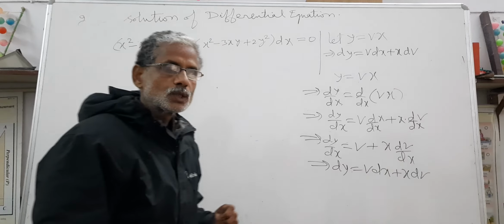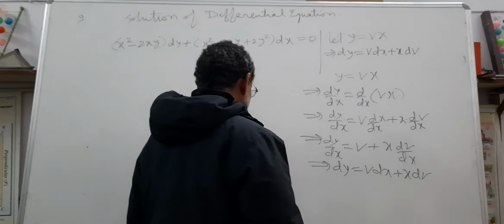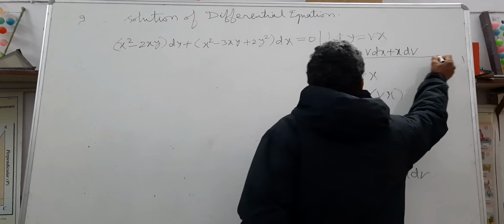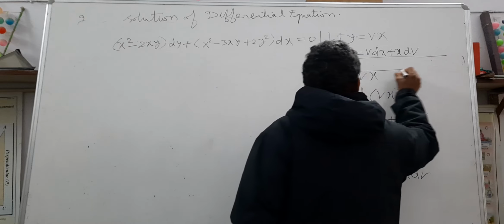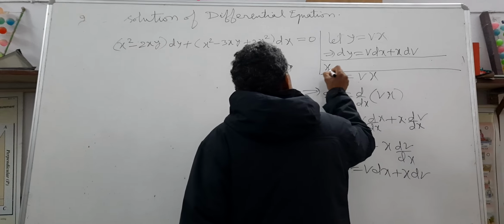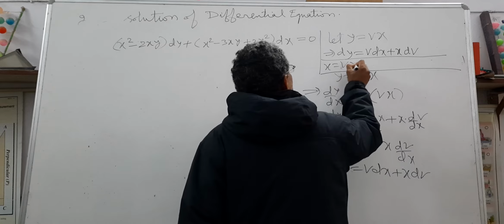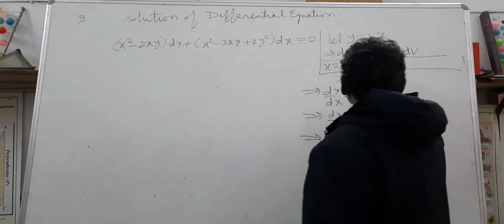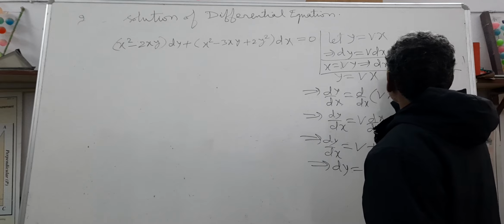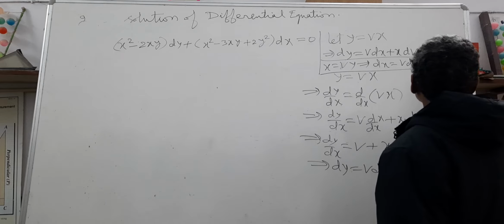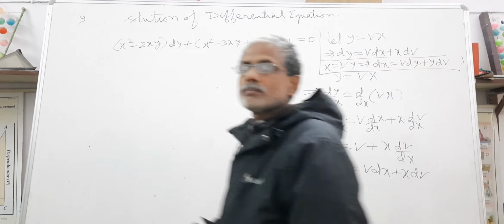Similarly, if you write in some other question, x is equal to Vy, then this implies dx is equal to V dy plus y dv, product rule.